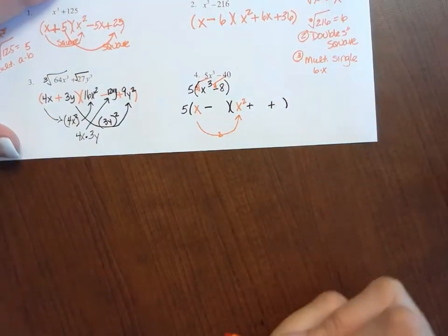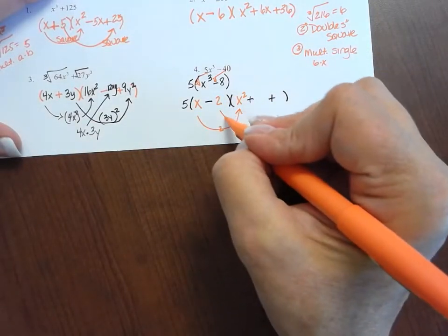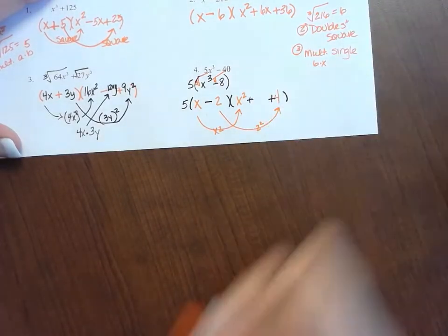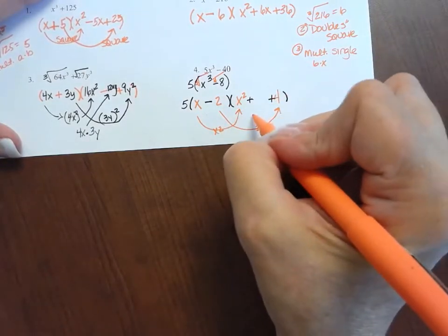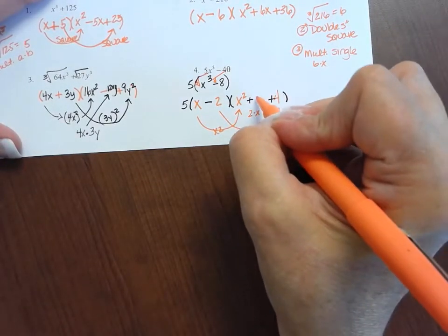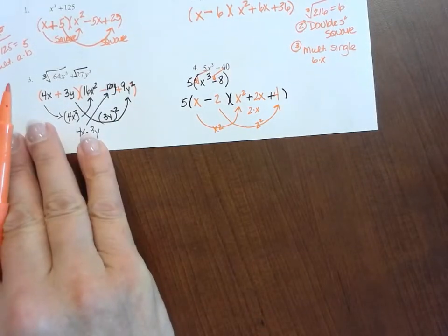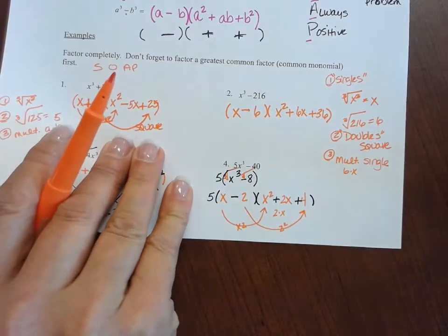Cube root of 8 gives me 2. Square it, and I get 4. Multiply the 2 together, and I get 2x. Better? Good? Shall we do a couple more together?